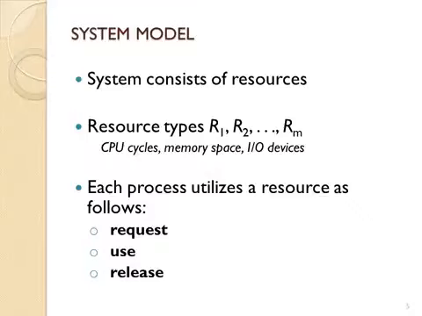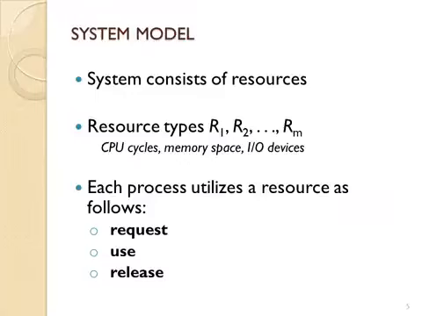All right, so in your system you have a bunch of resources, and the processes share these resources, so the processes are going to request the resources, use the resources, and release the resources. So what we've talked about before in the request, you could use a semaphore to make a request, or you could use some help with the hardware, or a lock or a mutex, or a monitor to make the request.